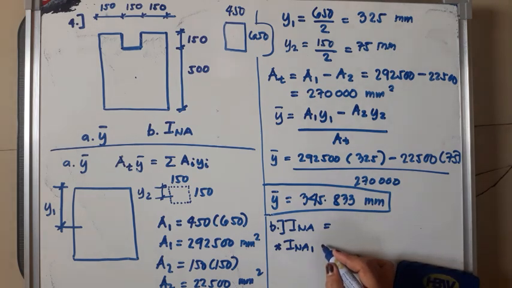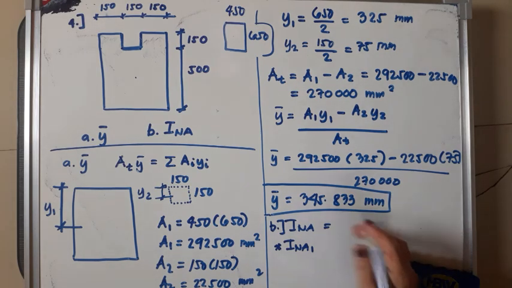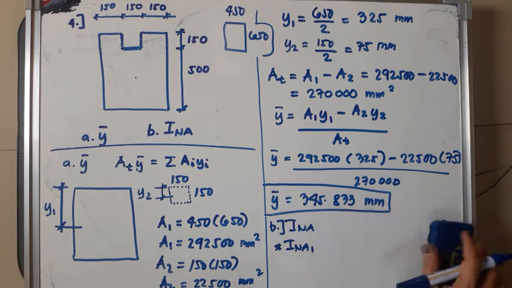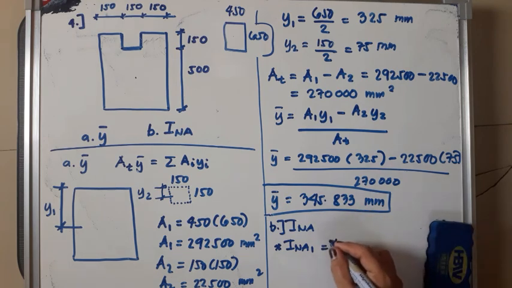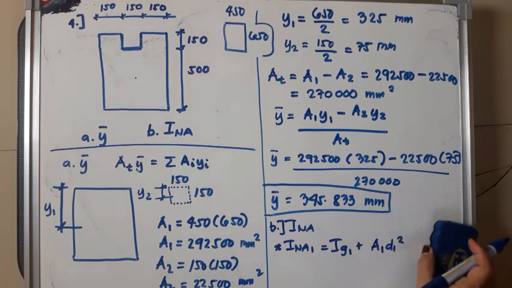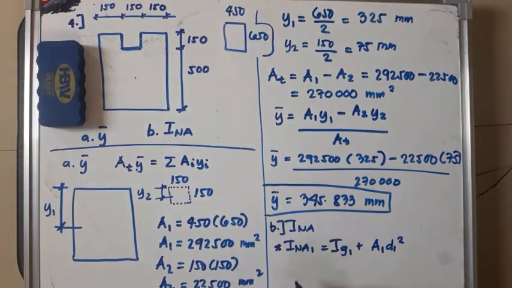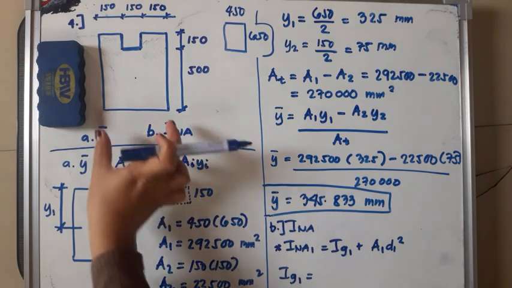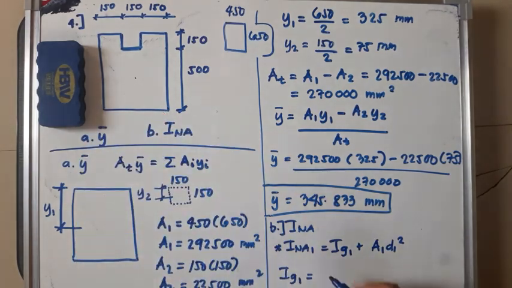So I and A1 is equal to IG1 plus A1 D1 squared. For IG1, the base of area 1 is 450.